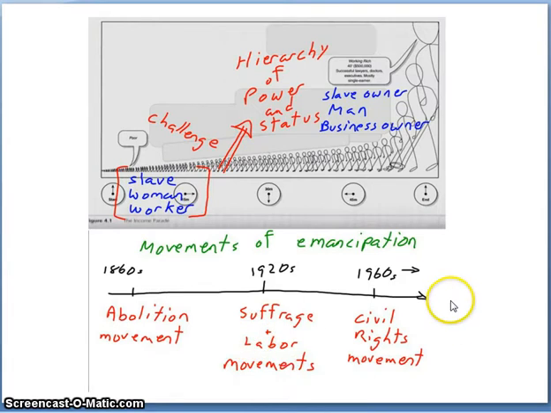And today, with the gay rights movement, homosexuals challenge the traditional notions of family and so on. Robin calls these movements of emancipation, taking that concept, usually applied to the slave situation in America, and broadening it to include emancipating women, giving them a vote, emancipating labor, giving them more power in the factories and workplaces, and emancipating gays to empower them in contemporary times.